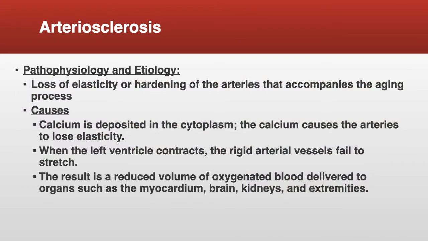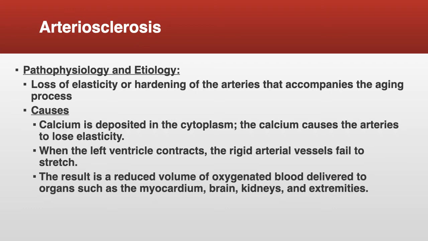So arterial sclerosis is the loss of elasticity or hardening of the arteries that accompanies the aging process. So this occurs over time and as we age. Causes can be calcium, which is deposited in the cytoplasm. The calcium causes the arteries to lose that elastic movement that they should have.